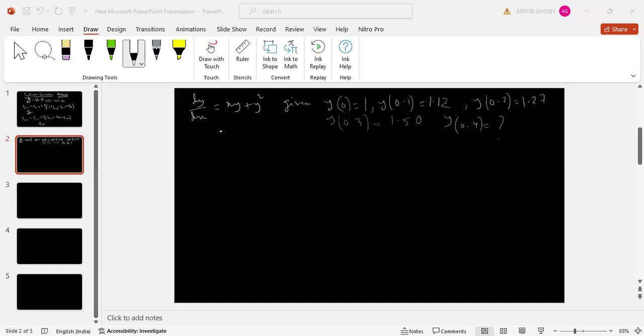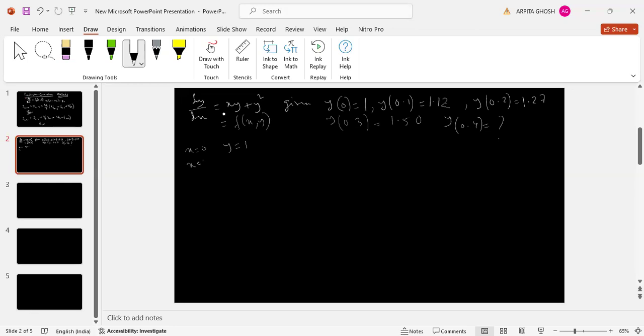Now, Milne's method is what? dy/dx, an equation is given to you. dy/dx equal to some function of x and y. This is your f. So here small f is xy plus y square. And you are given the value of y: at x equal to 0, y equal to 1.